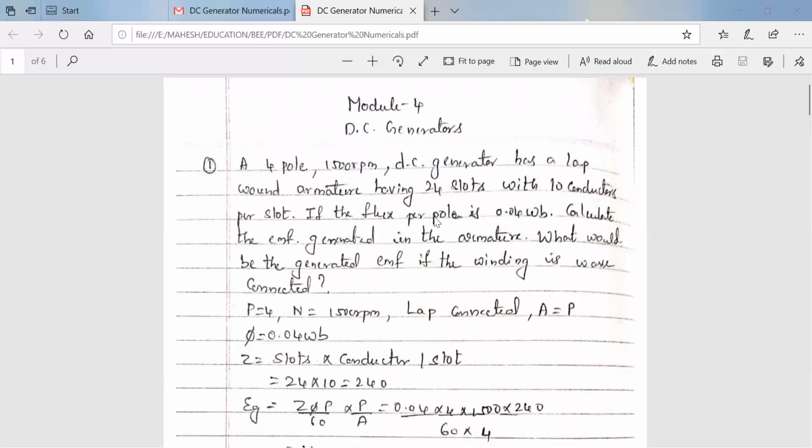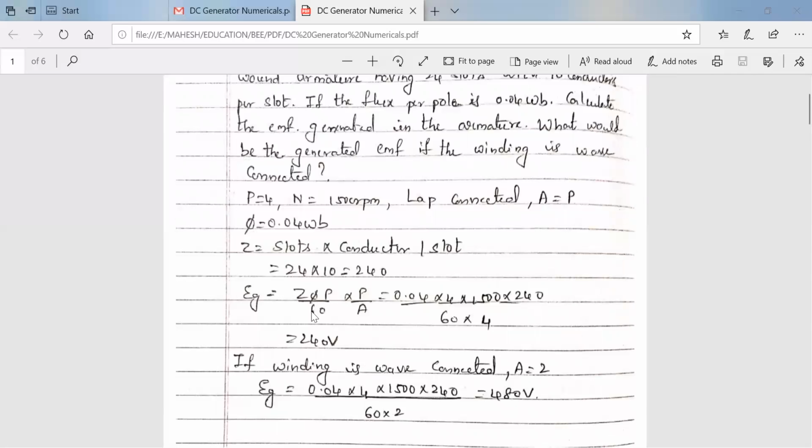In the example, he has given total number of slots is 24 and each slot will contain 10 conductors. So Z is given by slots into conductors per slot. So the total number of slots is 24 and 10 conductors per slot. So the total number of conductors is 240.